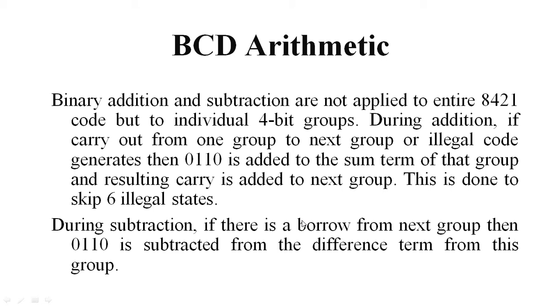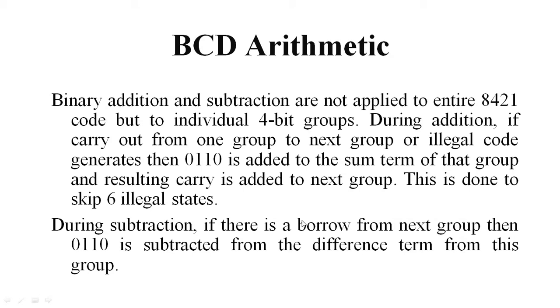In this video, we will learn how to do BCD arithmetic. In my previous video, I have already discussed what are BCD codes, that is binary coded decimal codes. So BCD arithmetic, binary addition and subtraction are not applied to the entire 8421 code but to individual 4-bit codes.